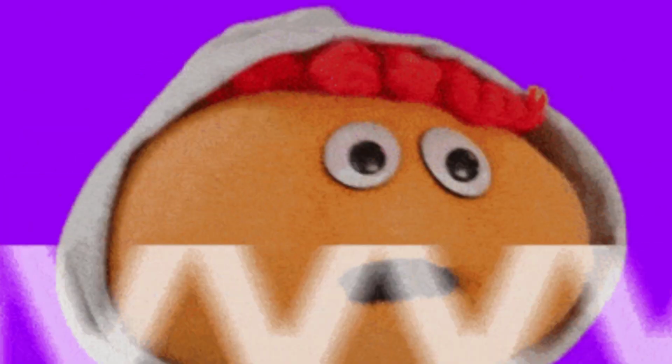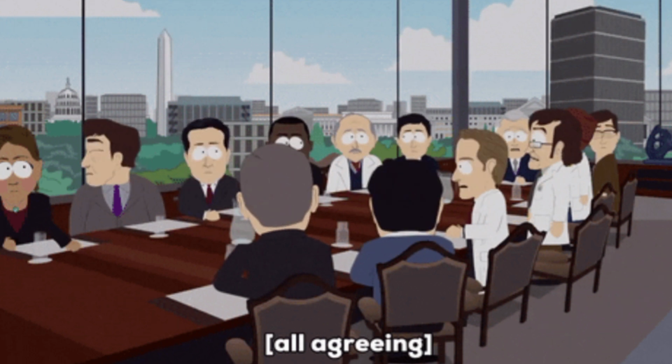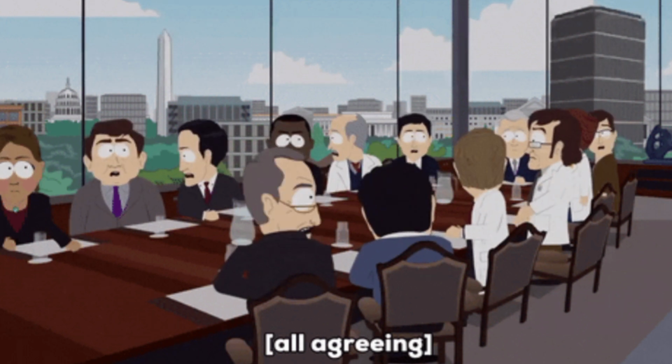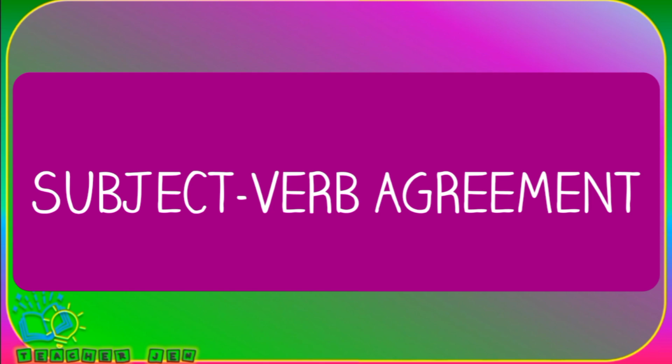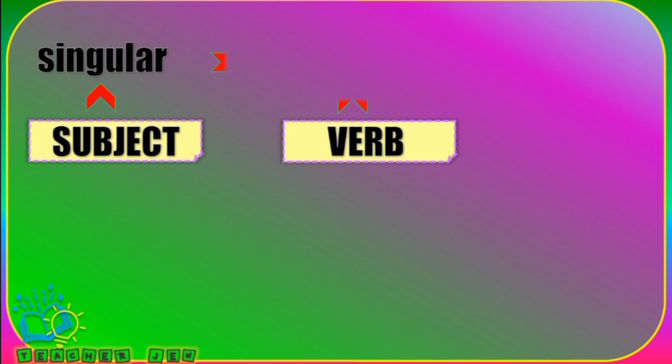Now, why is there a need for us to consider whether the noun is singular or plural? Remember that in English grammar, one of the basic and major rules that we must always master is the subject-verb agreement. It means that our subject and verb must agree with one another in number, whether singular or plural. If the subject is singular, then we must use the singular verb.